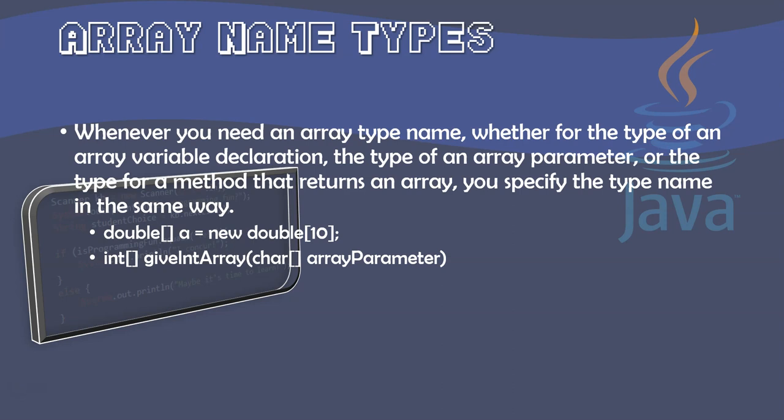If I say int[] giveIntArray(char[] arrayParameter), you'll notice that, again, these aren't the same, but this is feeding this in as something for this giveIntArray. So it's very important to keep those in mind. Most of the time, you're probably not going to see something like this second example, but you will a lot of times see this first one used quite frequently.